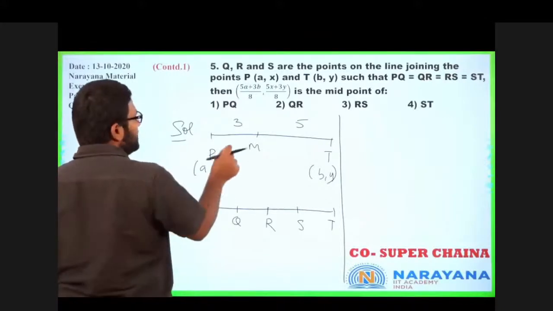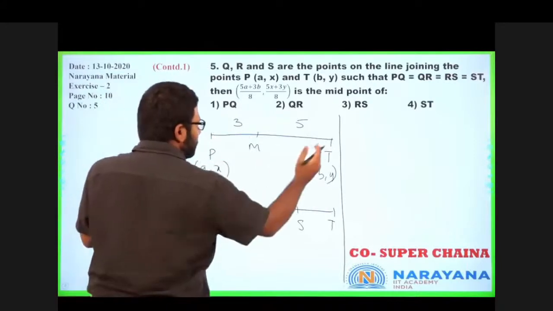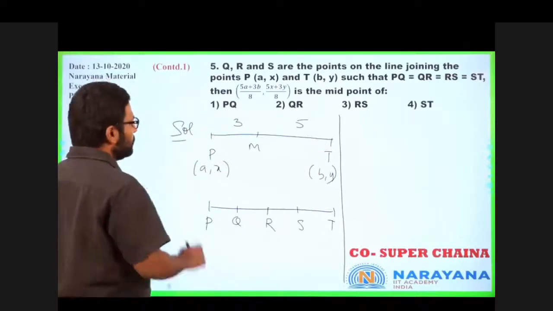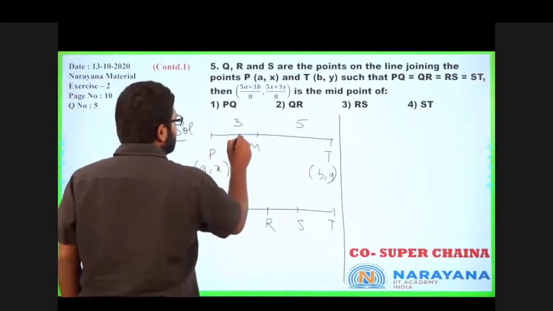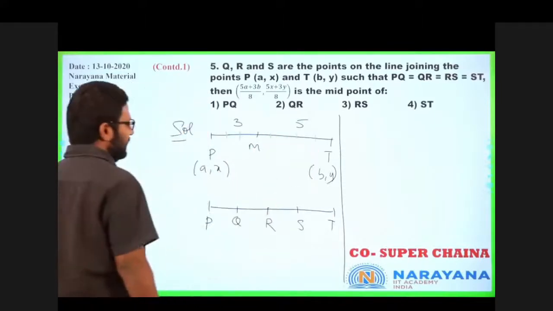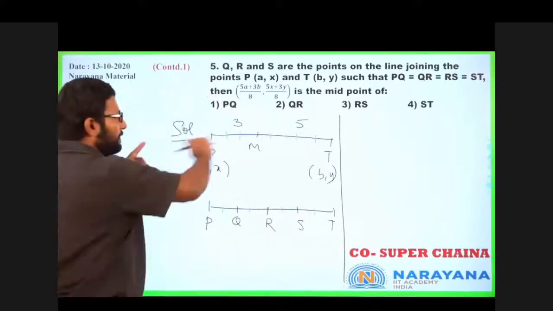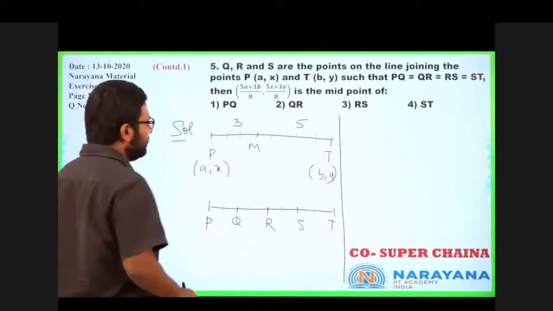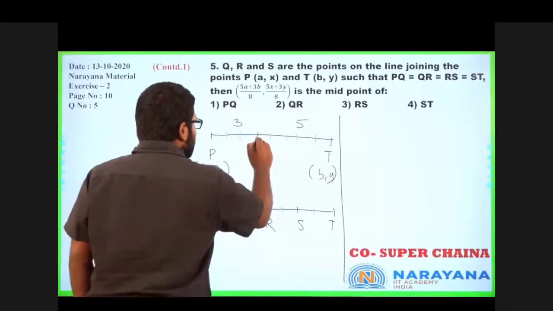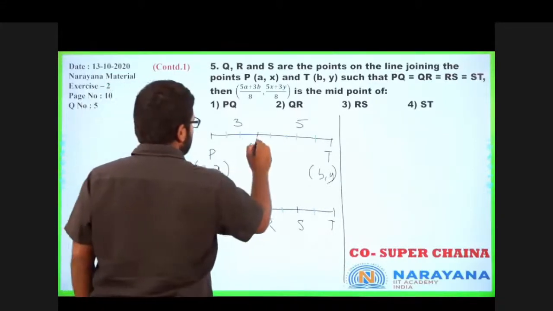Think of this as M is 3/8 of PT, right? So it means if I break this into 8 equal parts and break this also in 8 equal parts, because then they will both have 8 equal parts, then where is M lying? M will be directly above the third part, right?